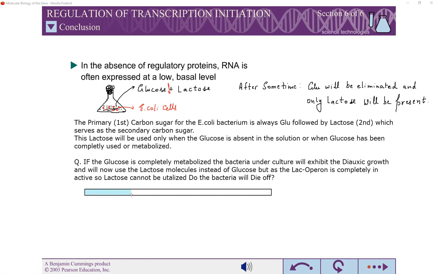Supposing this is the promoter region, then after the promoter region you have the structural genes present.